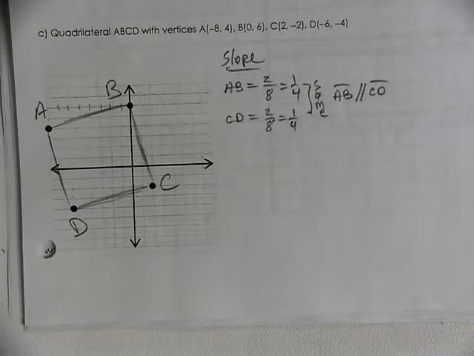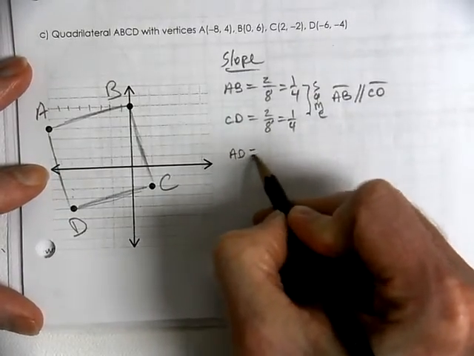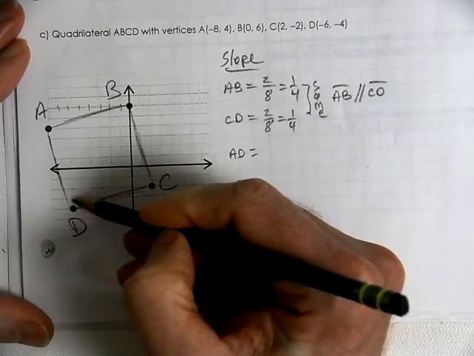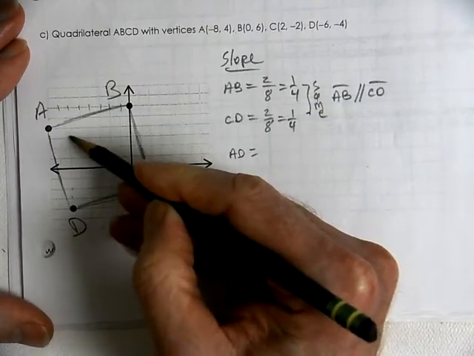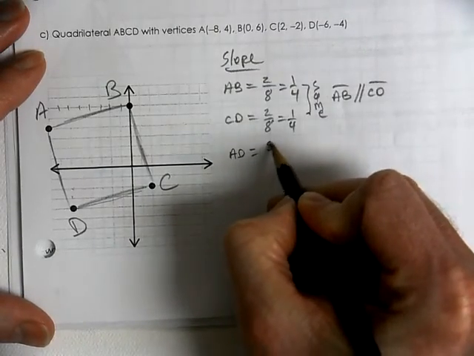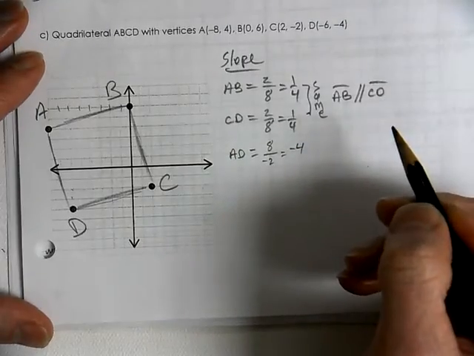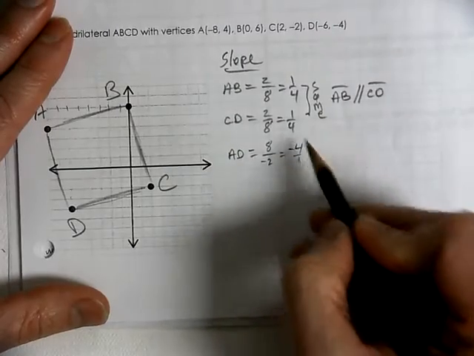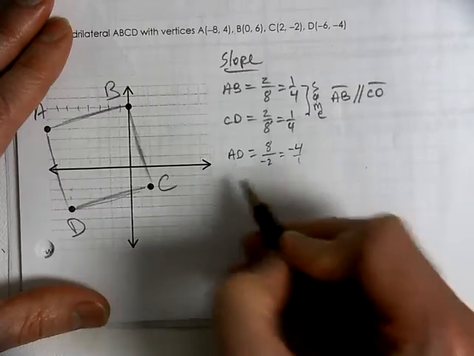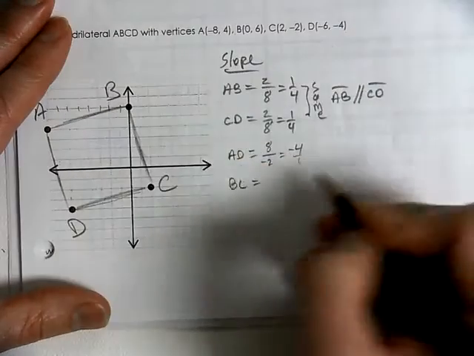I have a pair of parallel sides, so maybe this is a trapezoid. The slope of AD, 1, 2, 3, 4, 5, 6, 7, 8, backwards 2. So rise was 8, then backwards 2. That was negative 4. Oh, look at that. They are opposite reciprocals. BC is up 8, backwards 2.